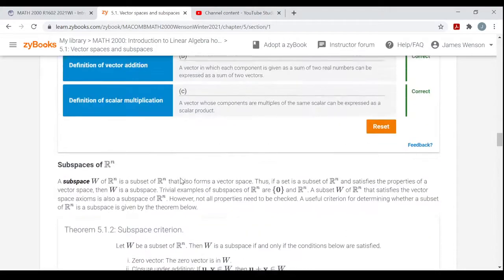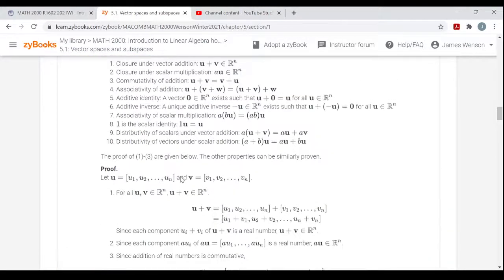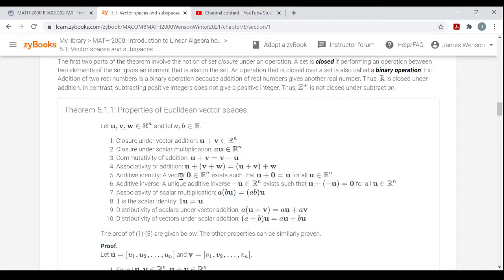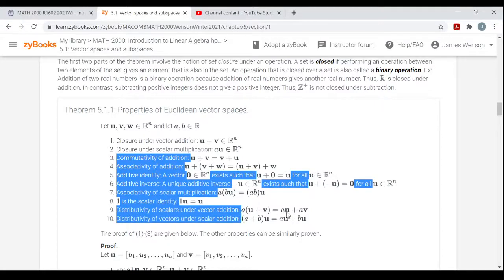So, if W is a subset of Rn, that means all the vectors in W are vectors in Rn, meaning that properties 3 through 10 will automatically hold. They're kind of inherited by the larger set.